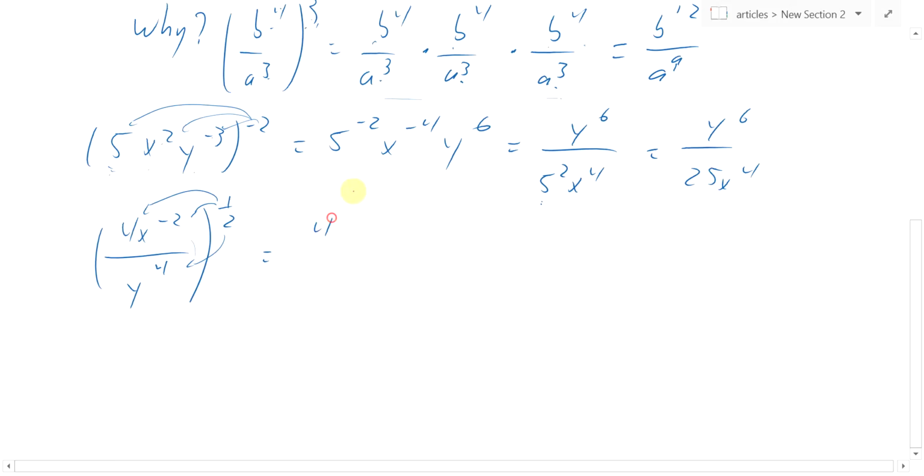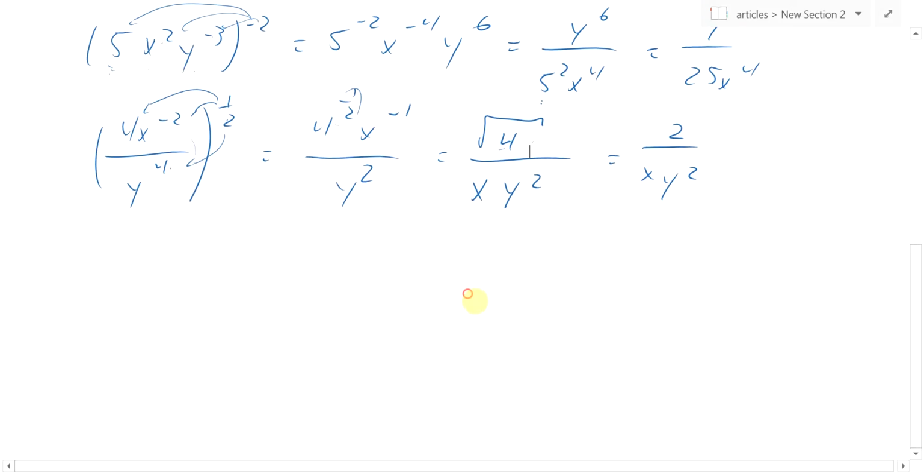So you get 4 to the 1/2, x to the minus 1, because it's 1/2 times minus 2, y squared, because that's 1/2 times 4. Now, 1/2, that's the same thing as square root, so it's square root of 4. It's x to the minus 1, so that's a negative exponent, so it goes down to the bottom. And a y squared, the y squared is a positive exponent, so it stays in the bottom. And so we have 2 over xy squared, because square root of 4 is 2. So fractional powers are roots.